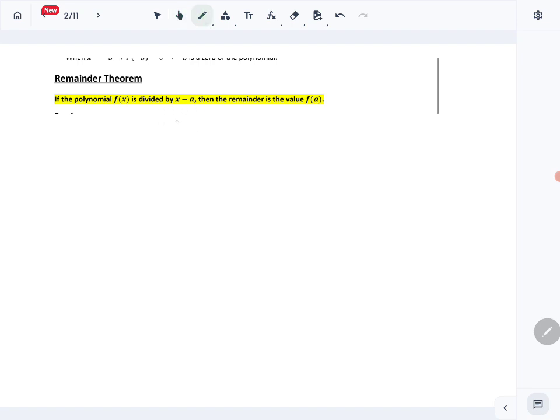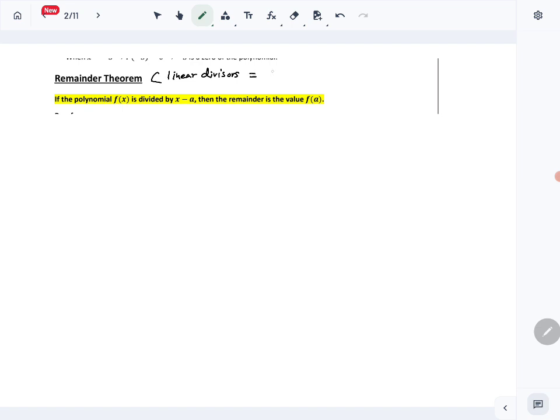We can actually generalize this into this form, ax minus b. That also works. So for the proof, we will use the easier one, x minus a. So remember, this theorem works for only linear divisors. So what are those?